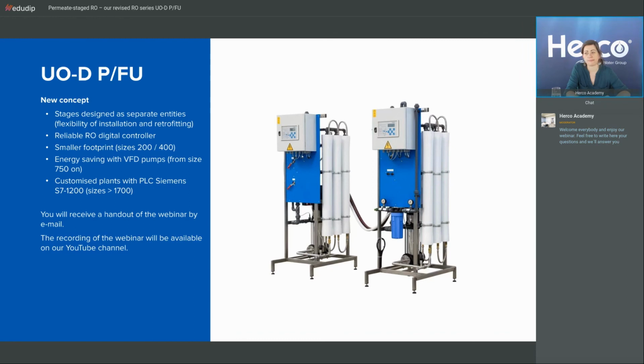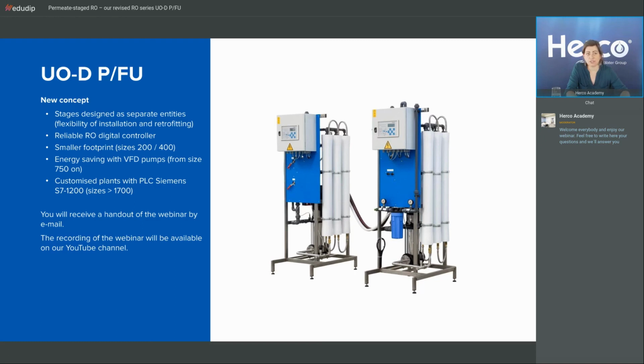Okay, so to recap, if we look at this in total, we try to make a new concept for the permeate staged units. You have the stages designed as separate entities, so you're very flexible. Even if you have little space, you can somehow squeeze them into a corner. You have less footprint. You can retrofit UOD units.